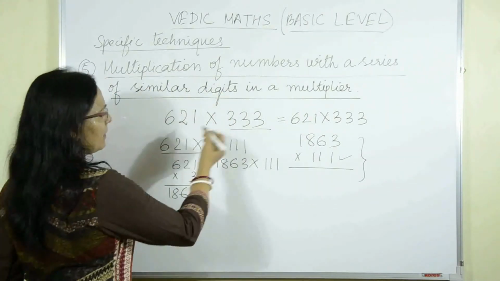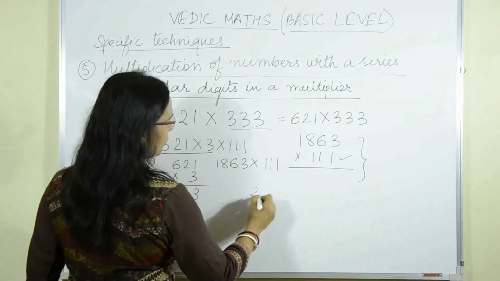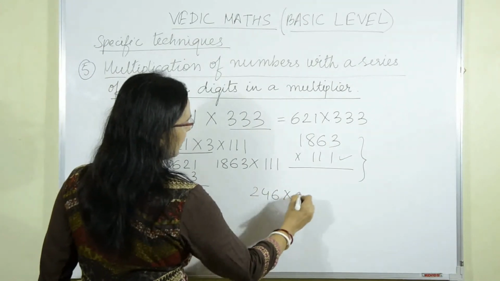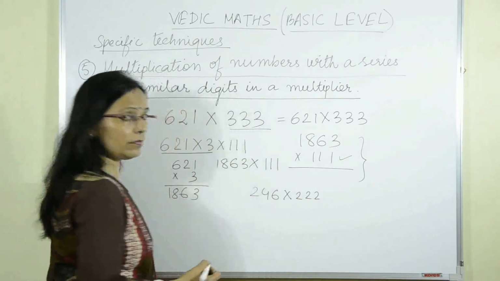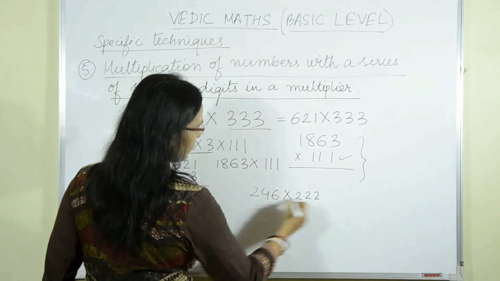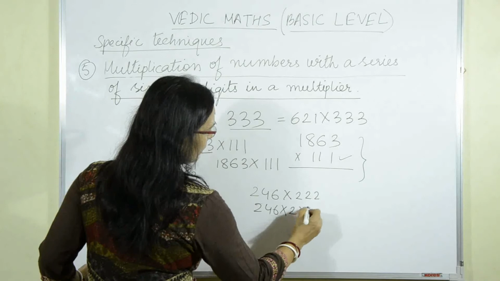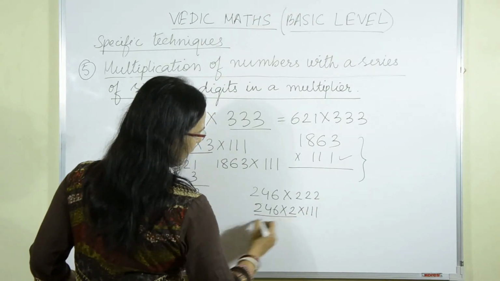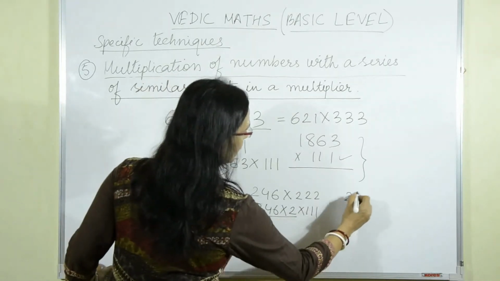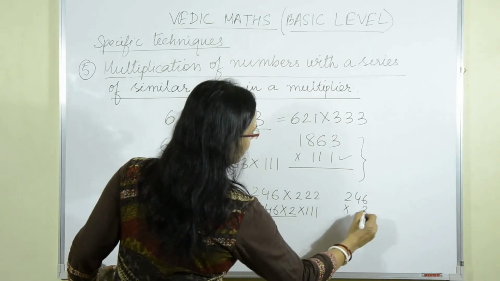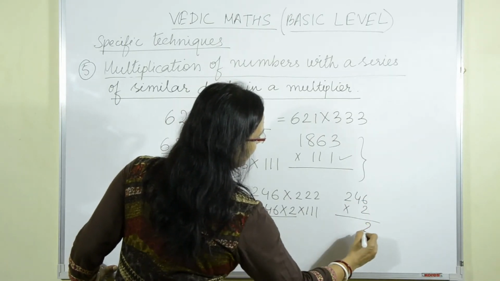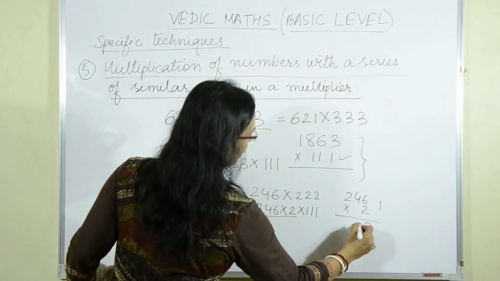Another one can be even like 246 multiplied by 222. How to do it? 246 into 2 into 111. Now this I work out. 246 multiplied by 2: 6 twos are 12, carry 1; 4 twos are 8, plus 1 is 9; and 2 twos are 4.